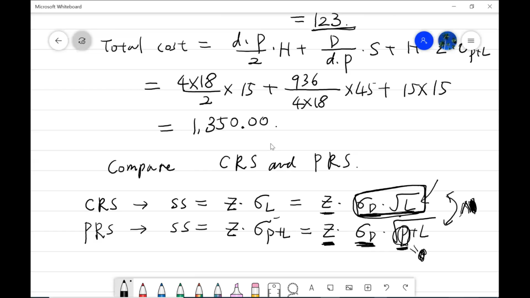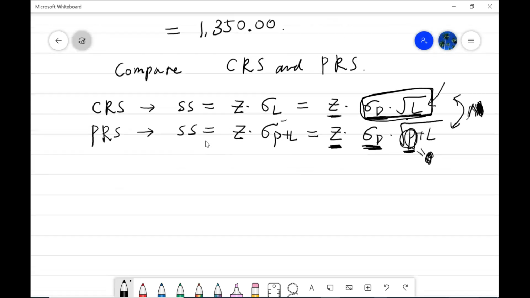So definitely I can say one of the advantages of a continuous review system is what? You don't need as much safety stock, okay? One of the advantages of a continuous review system is that it requires less safety stock.